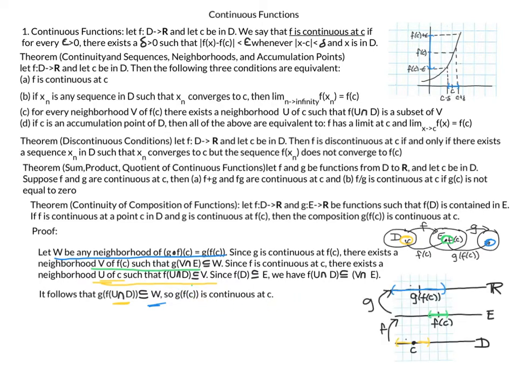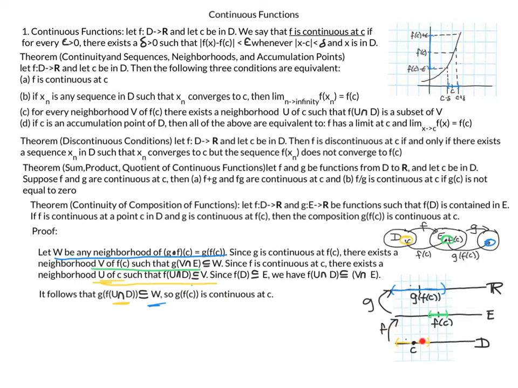And I have to apologize because I'm so used to drawing sets and functions mapping in this blob sort of way. It almost looks like the neighborhoods are two-dimensional things, as if you're in the complex plane, but you're not. You're on the real number line. So I did draw these out. My sets are sets on the real number line. Here's my set D, E, and R, and then I have my neighborhood of c. c is in my set D, and my neighborhood of c is in yellow.